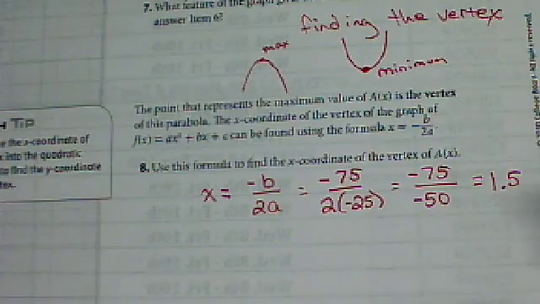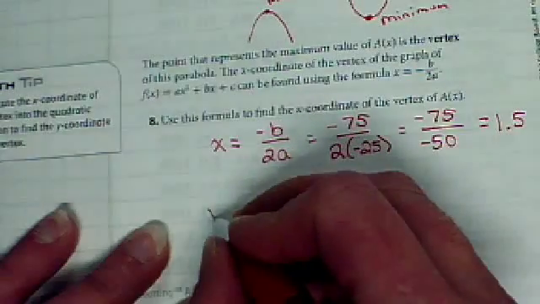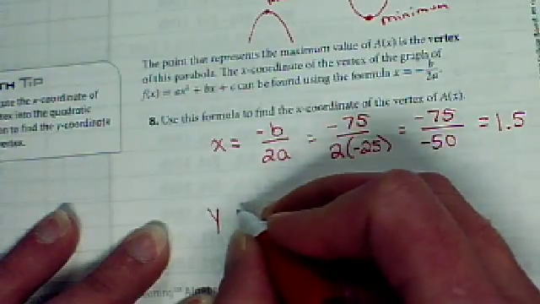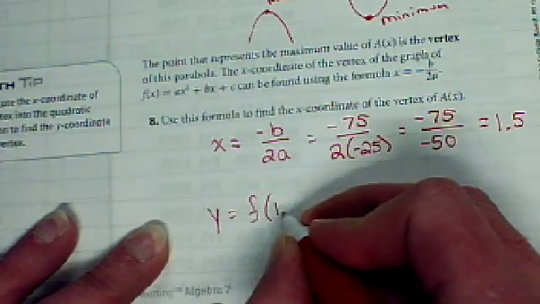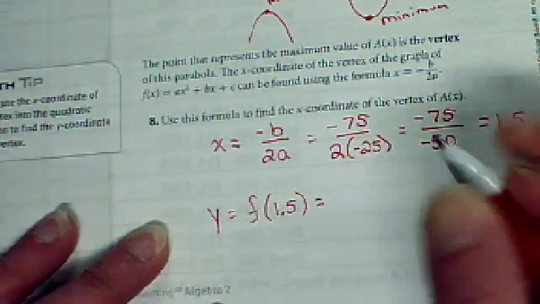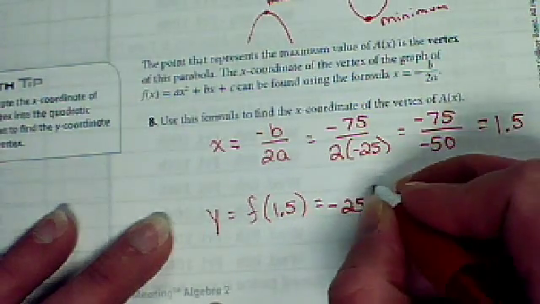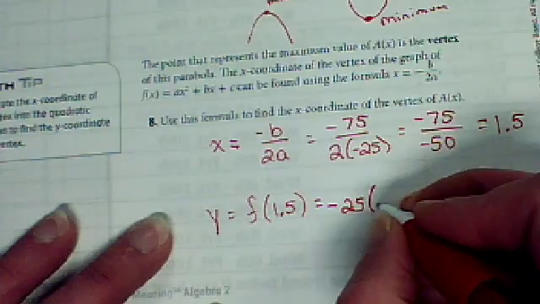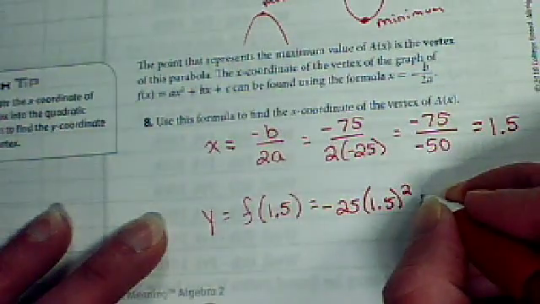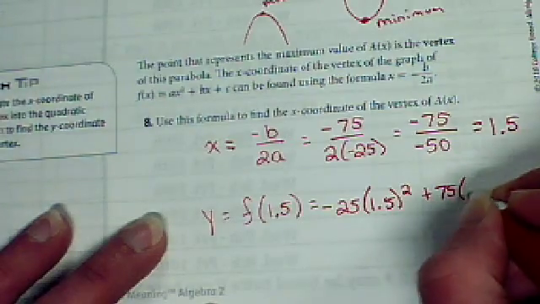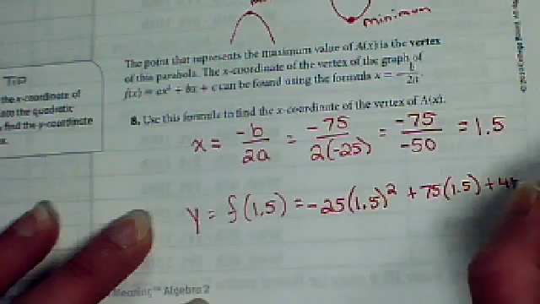Then, if we wanted to find the y-coordinate that went with that x value, all we would have to do is plug in 1.5 into our function. Remember, our function was negative 25 times x squared plus 75 times x plus 450.